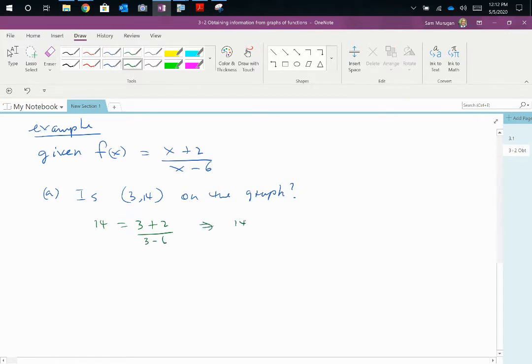This gives 14 is equal to 5 over -3. So clearly the left-hand side is not equal to the right-hand side. So no, (3, 14) is not on the graph.